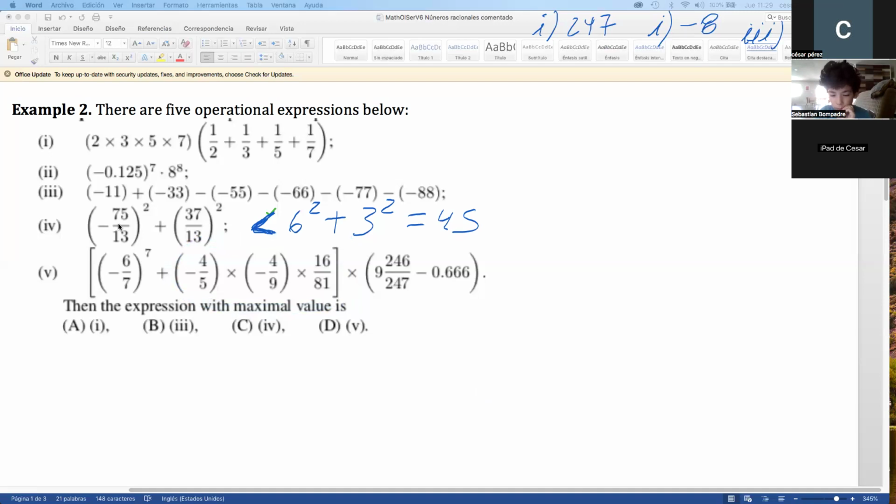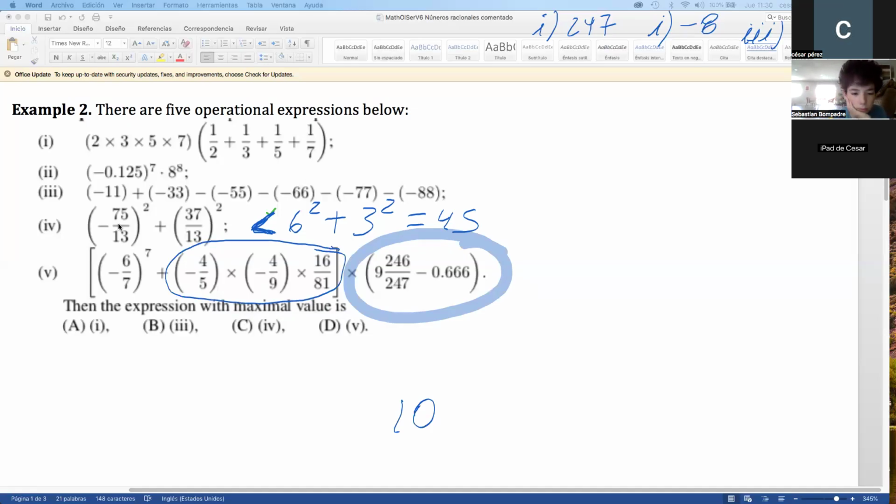I rounded this. This is less than 10. Okay, and I think this is less than 1, and this is also less than 1. So this is less than 2.